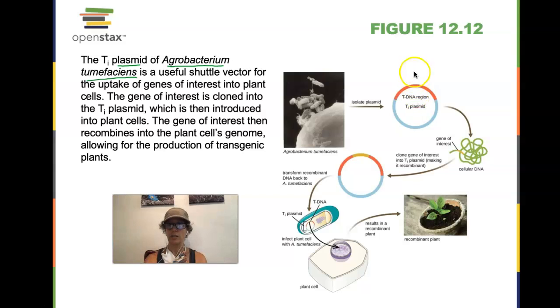We cut the region in the Ti plasmid with the same enzyme. We insert the gene of interest into that plasmid and transform it back to the bacterium that generated this plasmid, and we can infect the plant cell with that DNA. This is not necessarily how we get various crops that are genetically modified, but it is one way to deliver genes of interest into a plant.